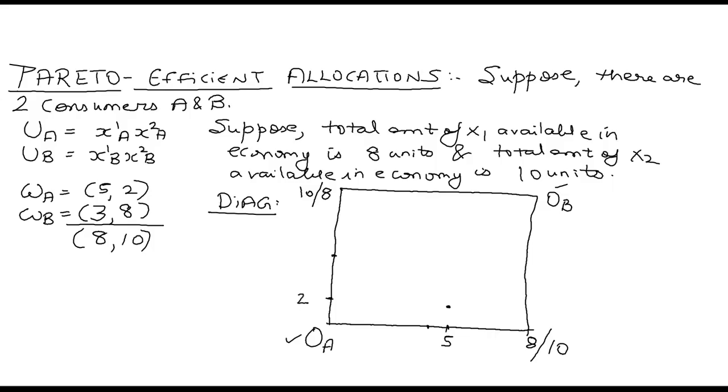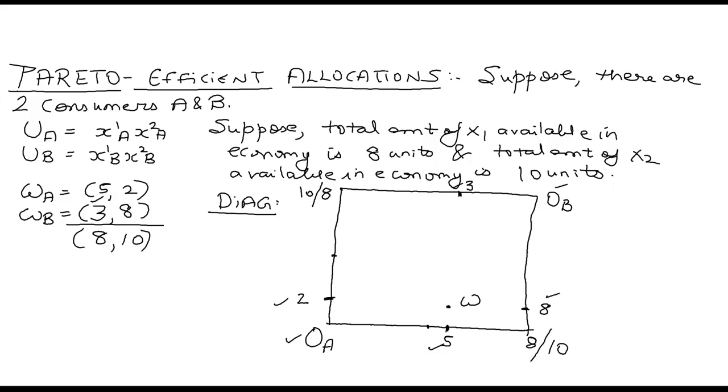From A's origin, if this is 5, then from B's origin, this is how much? This is 3 from B's origin. And from A's origin, if this is 2, then from B's origin, this is how much? 8. So you can see I have drawn the endowment allocation. 5 and 2, 3 and 8.